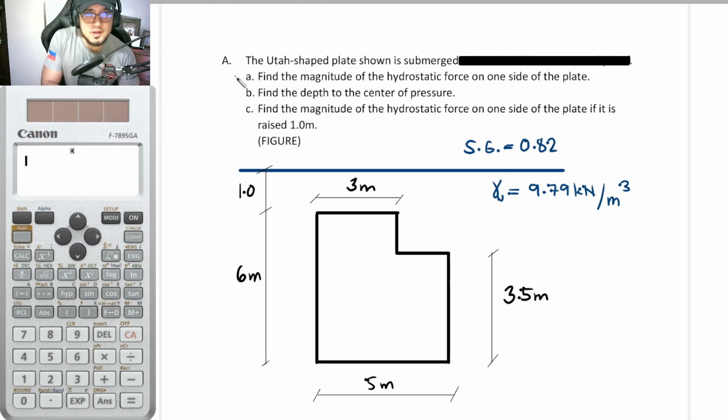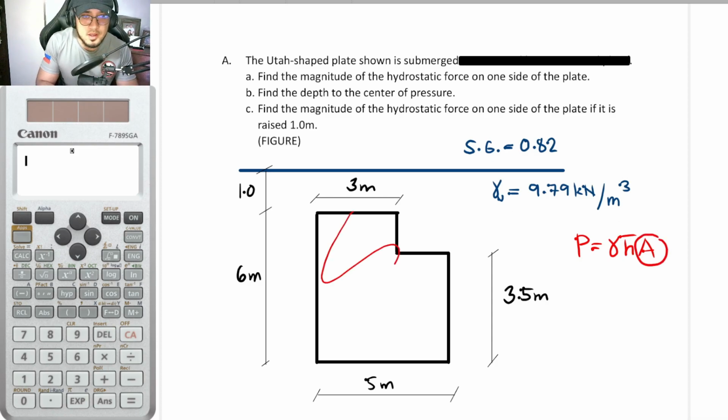Okay, so in order for us to solve for problem A, find the magnitude of the hydrostatic force, given the formula P is equal to gamma bar H A. It is already self-explanatory that we must solve for the value of A or the area of this particular plate, its bar H or its centroid, and of course the unit weight.